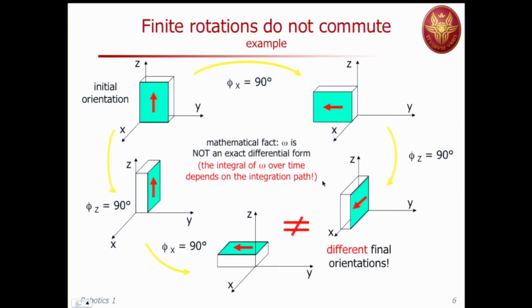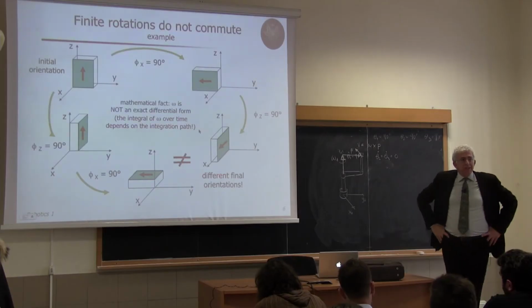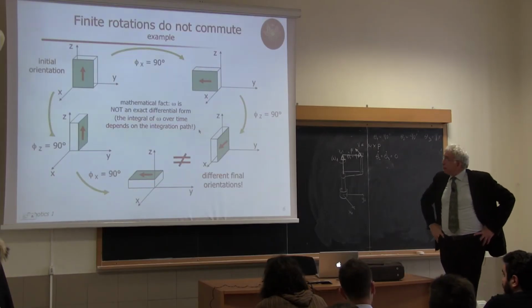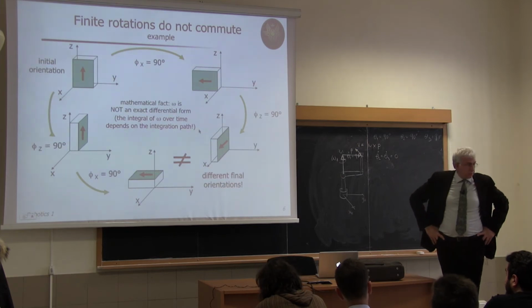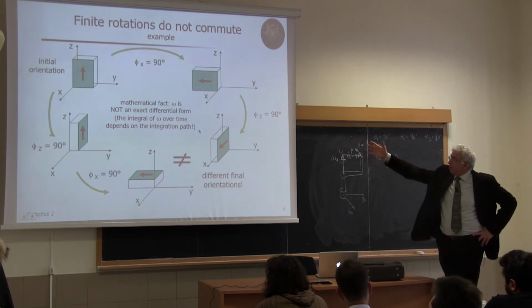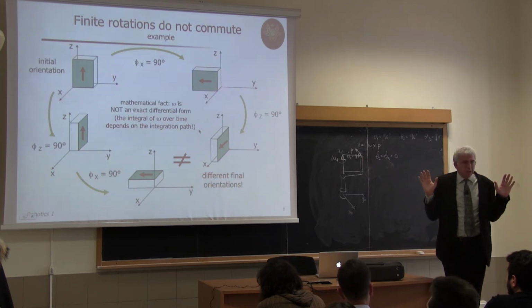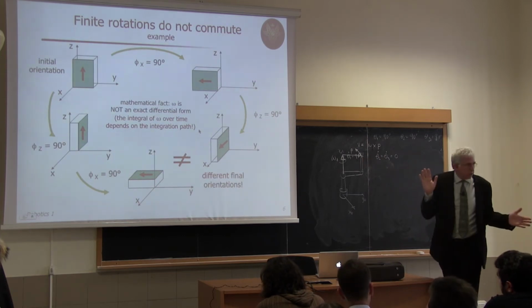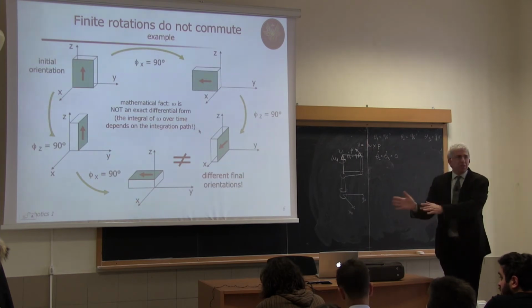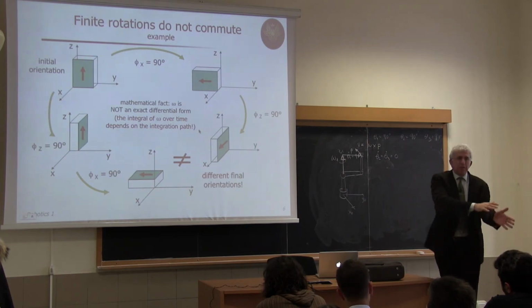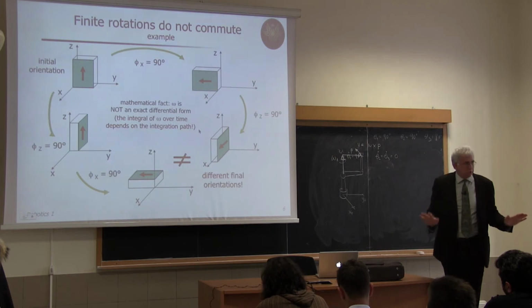but the reason why I'm getting a different orientation is linked to the angular velocity that I'm imposing, because now I'm giving just a finite rotation, I don't specify time. I'm not saying in how much time you do this rotation. I'm just saying this is the result of the first rotation, this is the result of the second rotation, full stop.